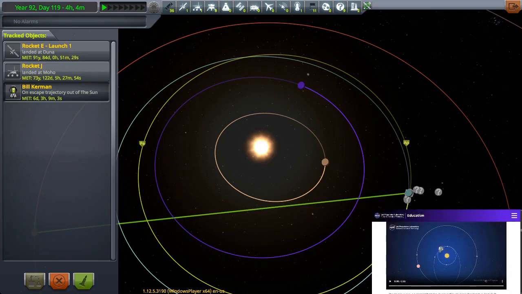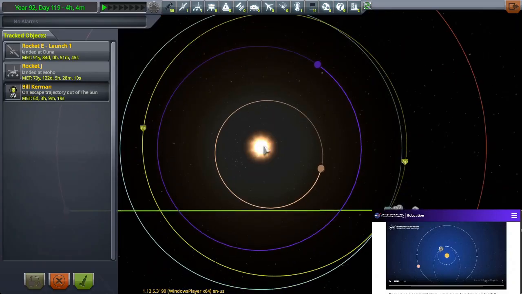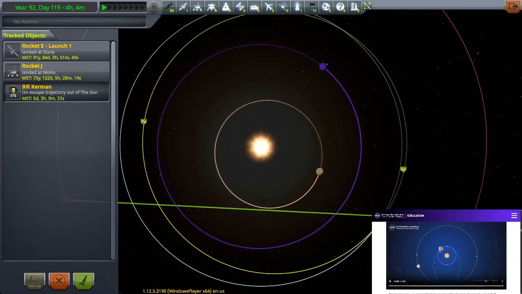So yeah, we're basically wanting to calculate when the spacecraft should launch from Kerbin to get to Bill Kerman. Right. So like what difference in angle between Bill Kerman's position relative to the sun and Kerbin's position relative to the sun, right? So that we can launch optimally, right?